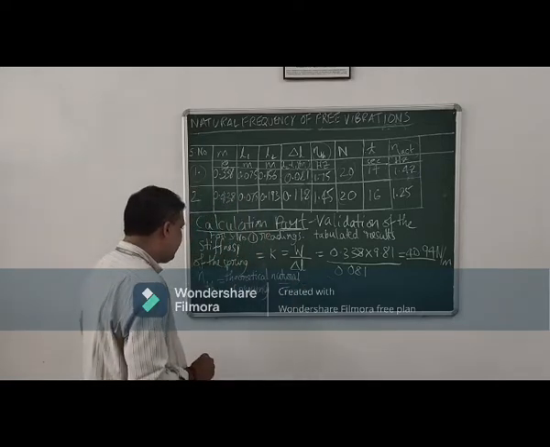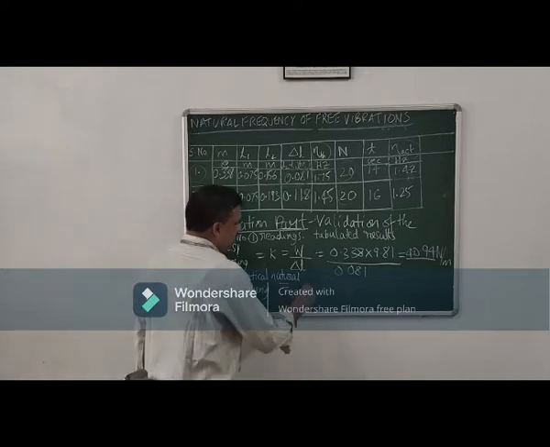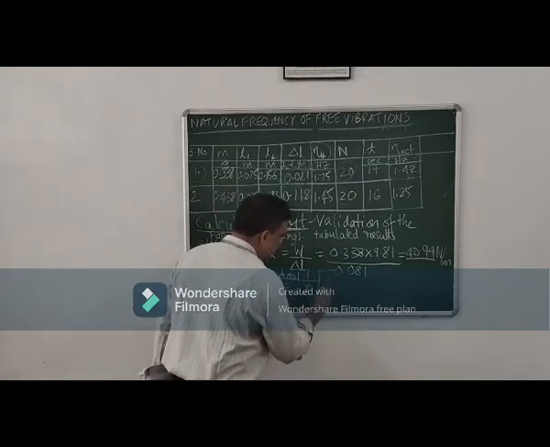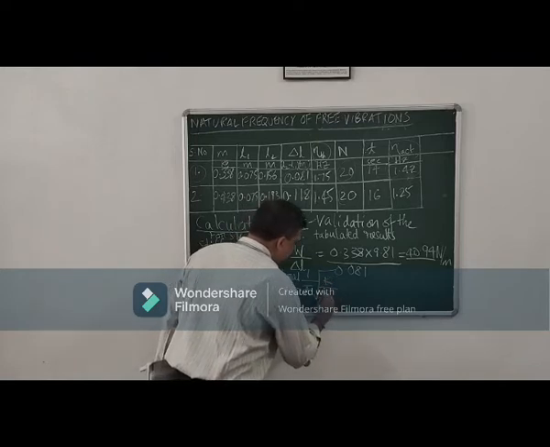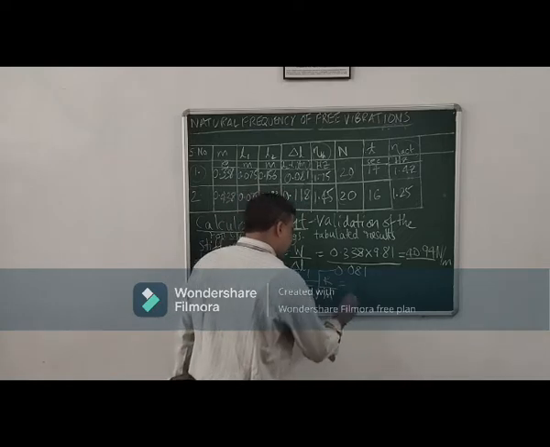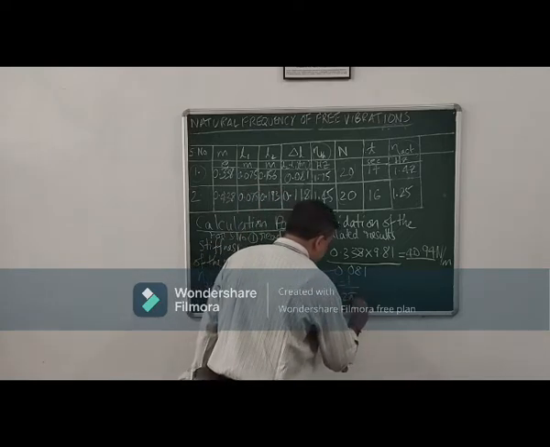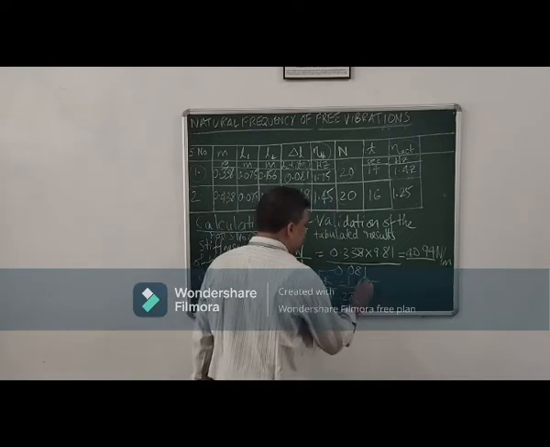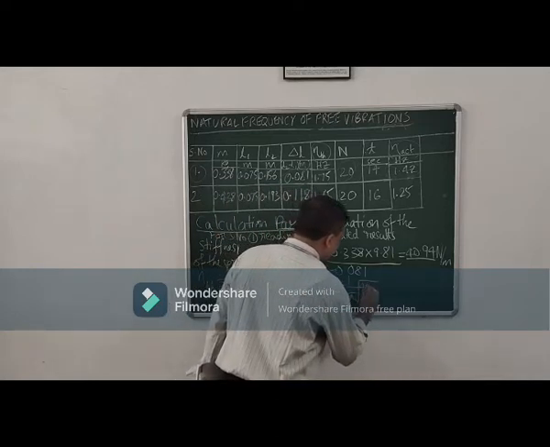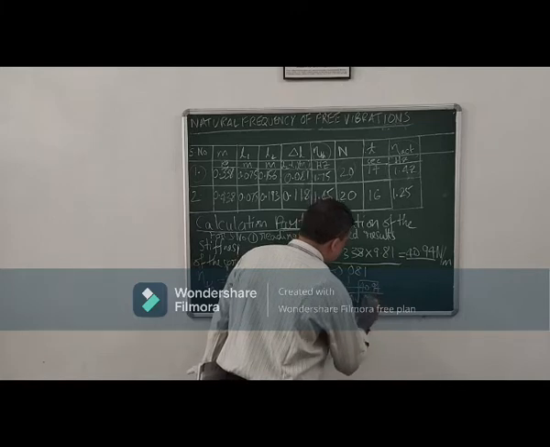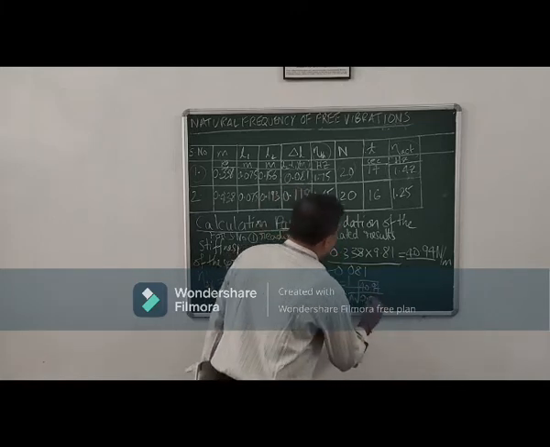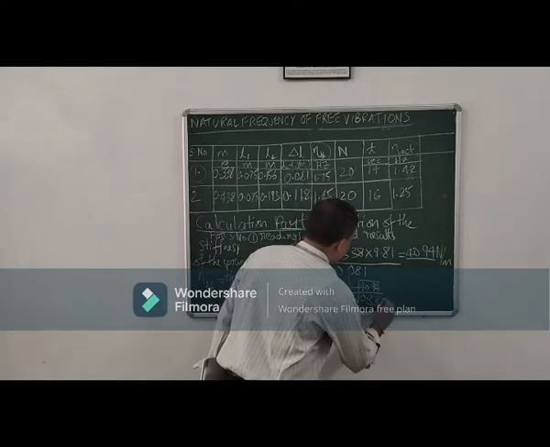Okay. So, this theoretical natural frequency, the formula is 1 by 2 pi multiplied by root over k by m, where k is the stiffness. So, that is 40.94 by 0.338.